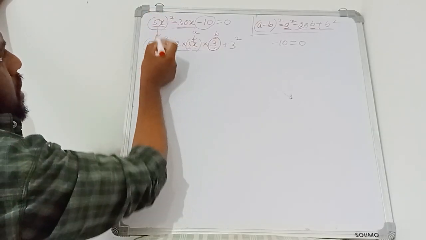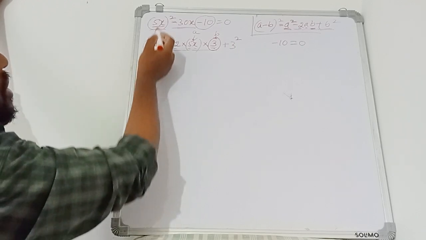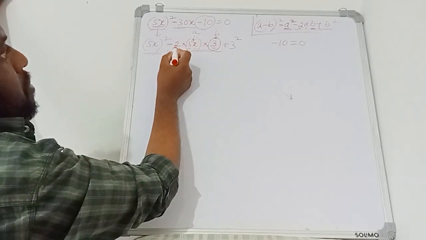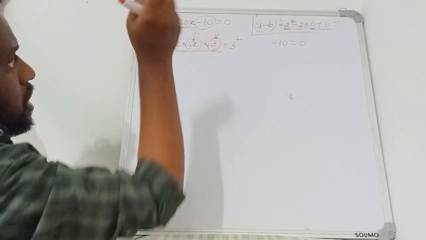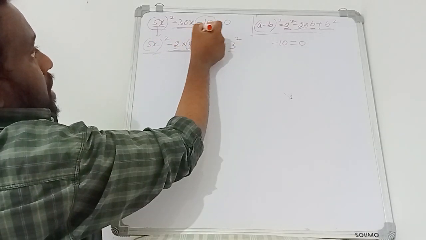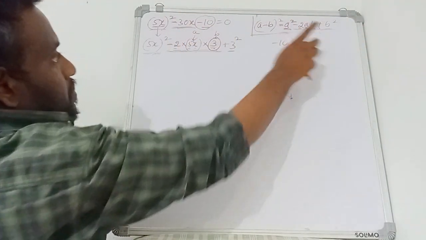This is already in the equation, this is not extra. This whole thing, if you multiply we get minus 30x. Minus 30x is already in the equation. No problem. This minus 10 is already in the equation. So that we have written here.